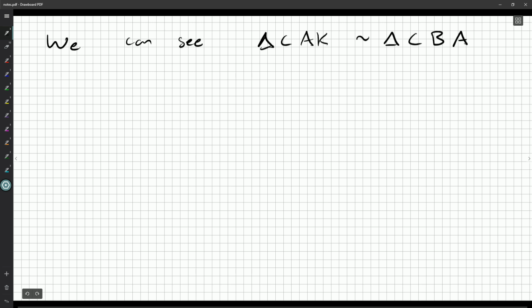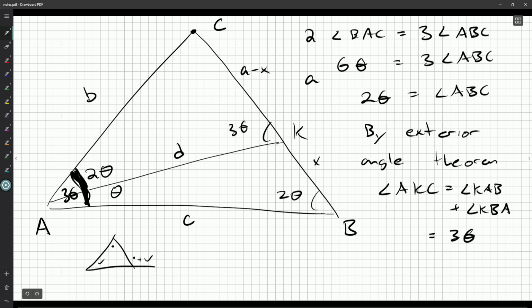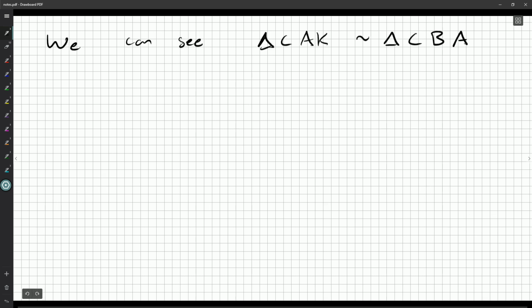B is the one that has the 2 theta, which A does in this smaller triangle. Okay, so because they're similar, what can we say here? The ratio CB over CA, this is why it's important to write them in the proper order, because now I can say CB is to CA, and AK is D, so that is the same as BA is to AK.